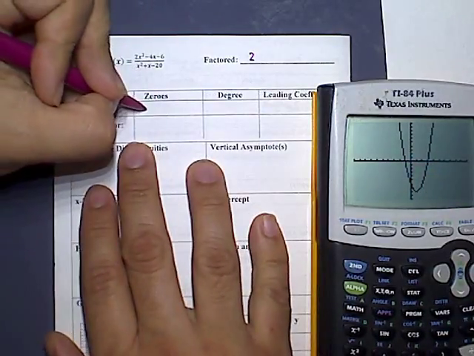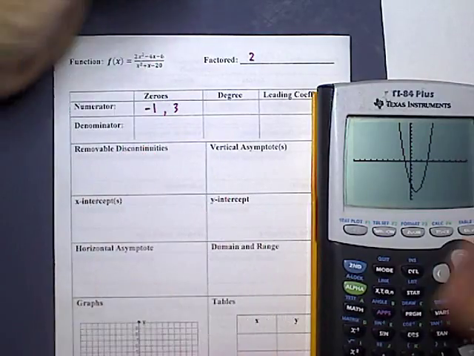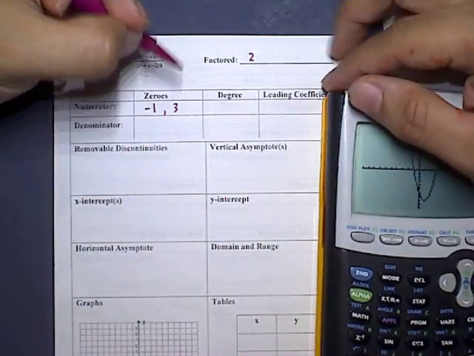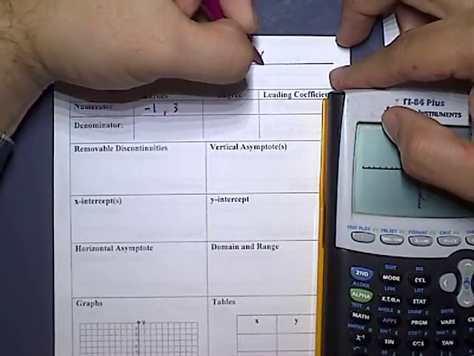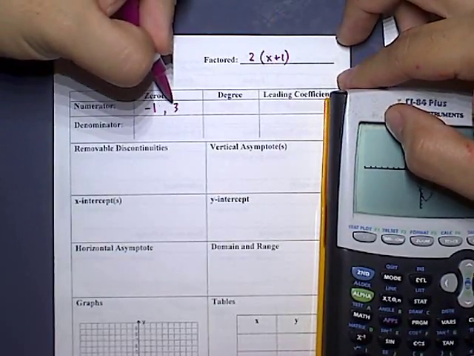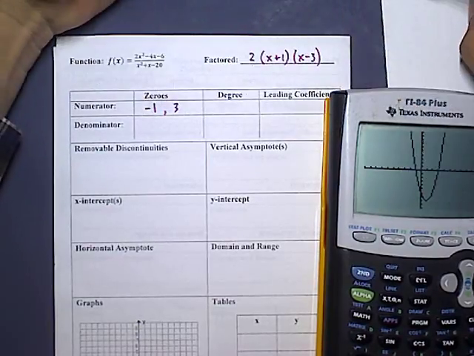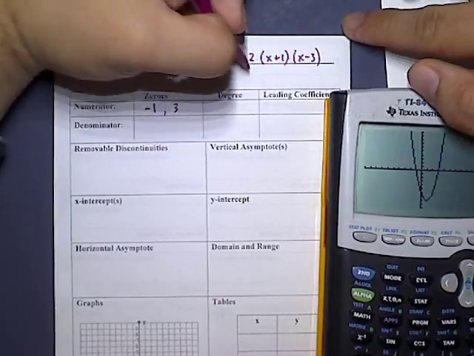Those are the zeros for the numerator, -1 and +3. The linear factor that goes with -1 is x plus 1. The linear factor to go with 3 is x minus 3. That takes care of the numerator for us.